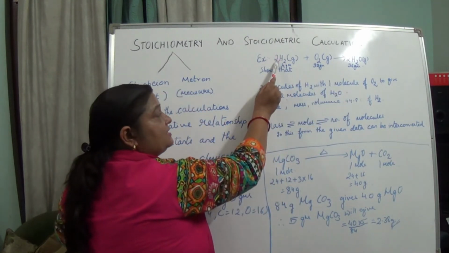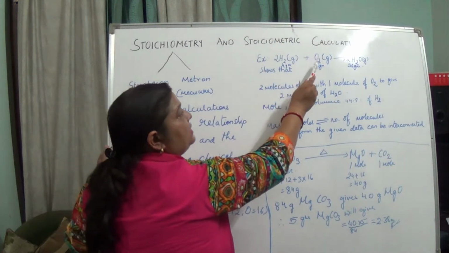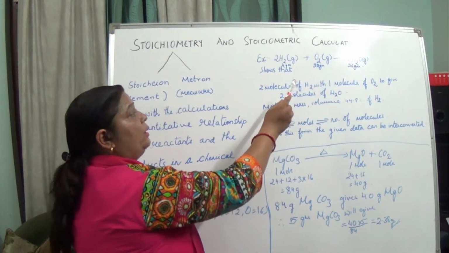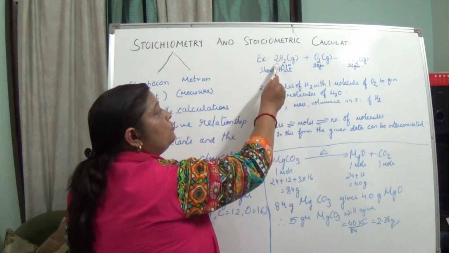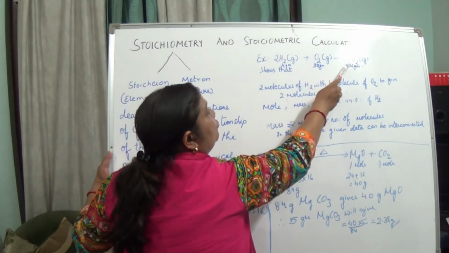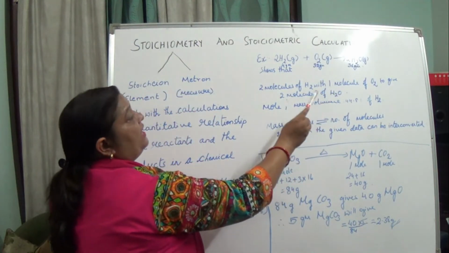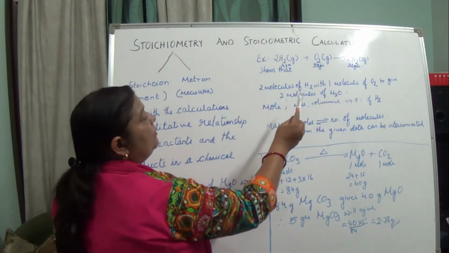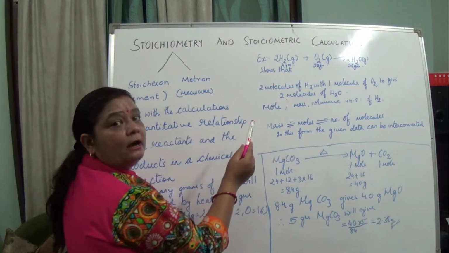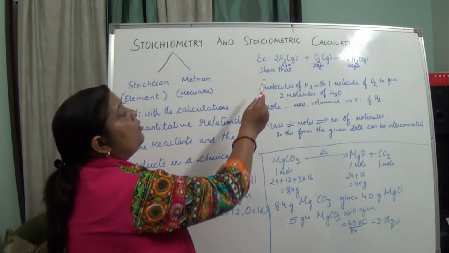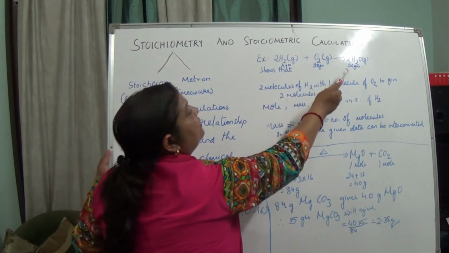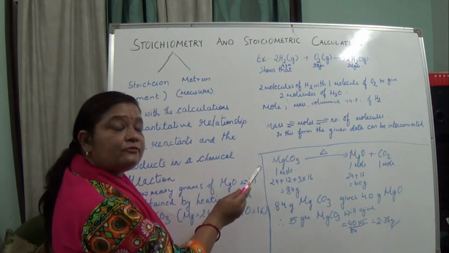So here we can say 2 molecules of hydrogen react with 1 molecule of oxygen to give 2 molecules of water. We can also say 2 moles of hydrogen react with 1 mole of oxygen to give 2 moles of water, isn't it? If we are talking about mass and volume also, we can say it. In terms of mass, 4 grams of hydrogen reacts with 32 grams of oxygen to give how much? 36 grams of water.